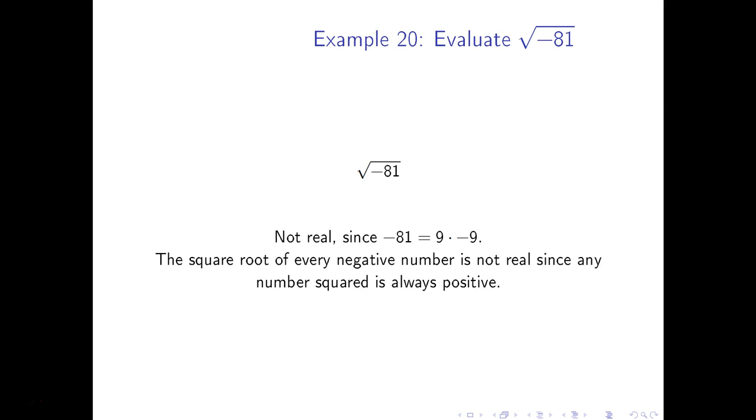The square root of a negative number is always not real. It does exist. It gets into the whole imaginary number thing. That's where the letter i comes in. We're not going to do that in this class. In this class, if you saw something like this, you would simply say it's not real and move on, because you cannot multiply a number by itself and get a negative number.